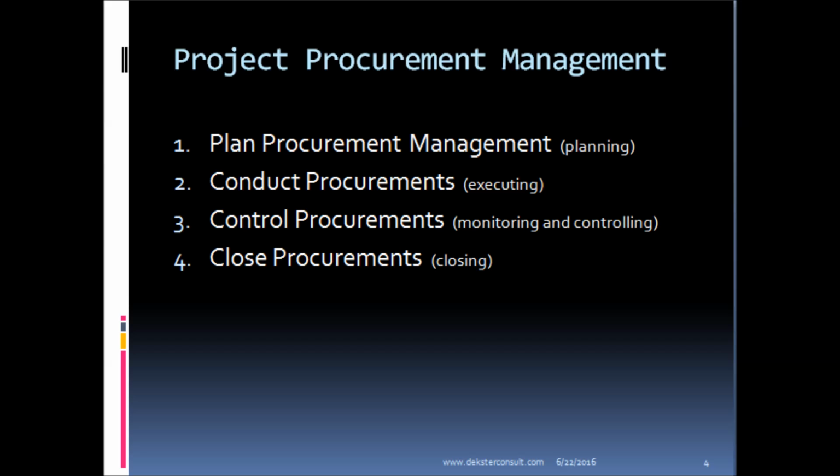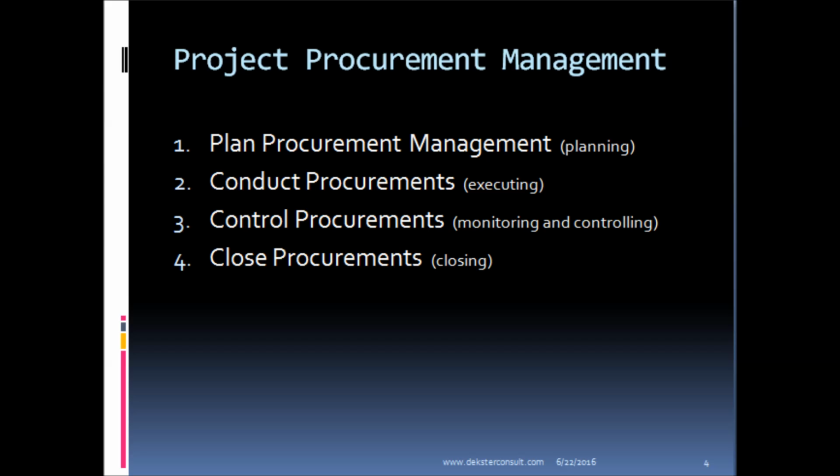Now, these are the processes we'll be looking at. We will be going through 4 procurement management processes. We'll start with plan procurement management. Then we'll move on to conduct procurements. Then we will look at control procurements. And then finally, close procurements.